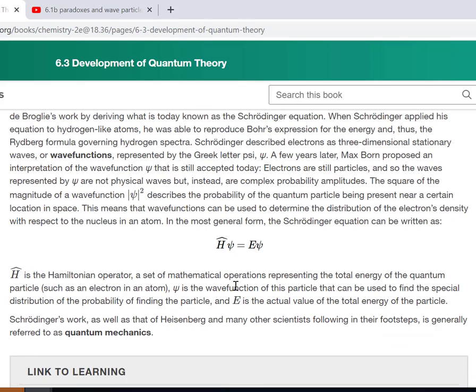So the study of this is called quantum mechanics. This equation here is fairly complicated math. It might not look complicated to you, but this gets into some calculus actually. So it is fairly complicated, and we're not going to cover it in this class.